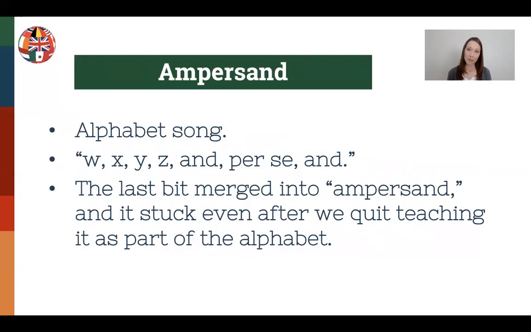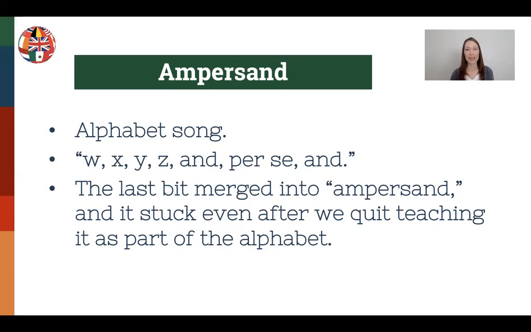They would sing an alphabet song to teach the children, and I don't know the tune, so I'm not going to sing it for you. But at the end of the song, it would say W, X, Y, Z, and per se, and. Per se means by itself or in itself. And because they couldn't say and by itself, it just didn't make any sense.